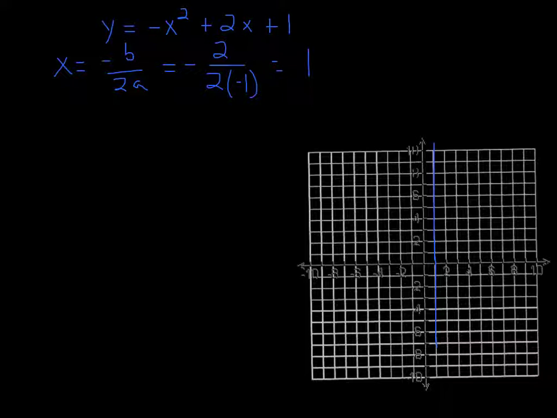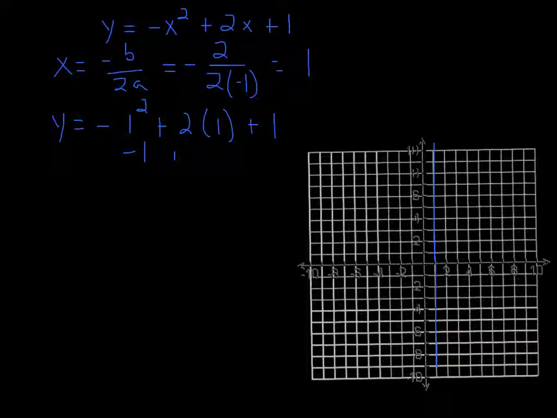I do a pretty good job of freehanding that line up and down, I have to say. Alright, and then we plug in our 1 into our formula and we get y equals negative 1 squared plus 2 times 1 plus 1. So negative 1 squared, well 1 squared is 1, and then you make it negative, so that's negative 1.